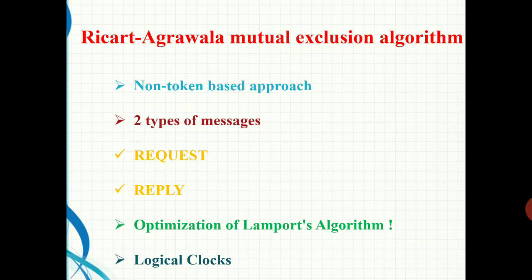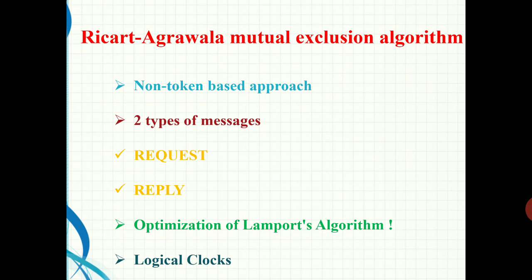The Ricart-Agrawala algorithm assumes that the communication channels are FIFO, that is first in, first out. The algorithm uses two types of messages. The first one is request and the second one is reply.